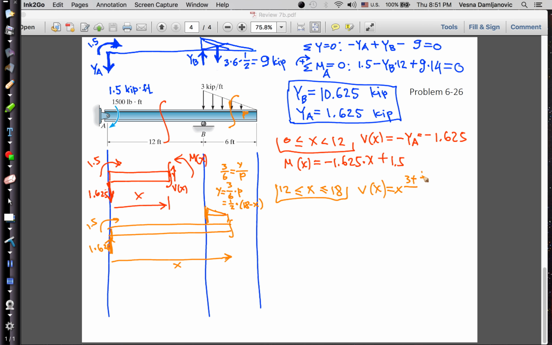So it will be plus that distance, which is 18 minus X, and then all that with half divided by 2. And that's the area of this whole thing, okay?